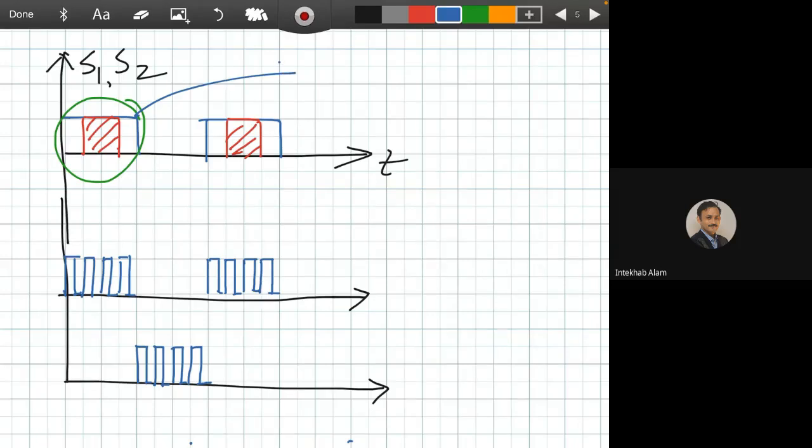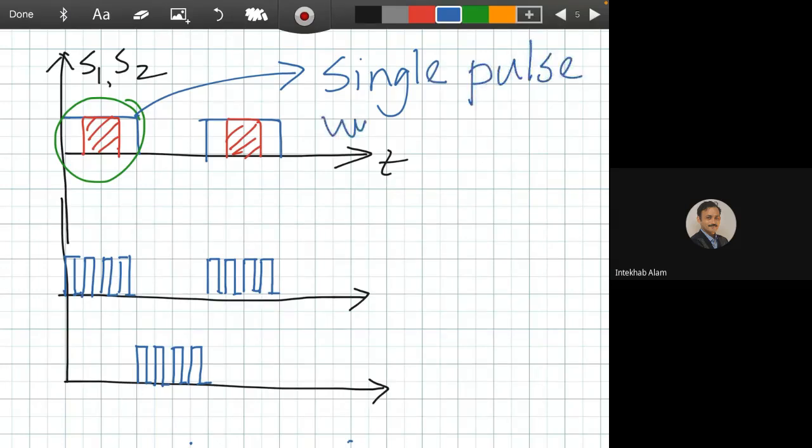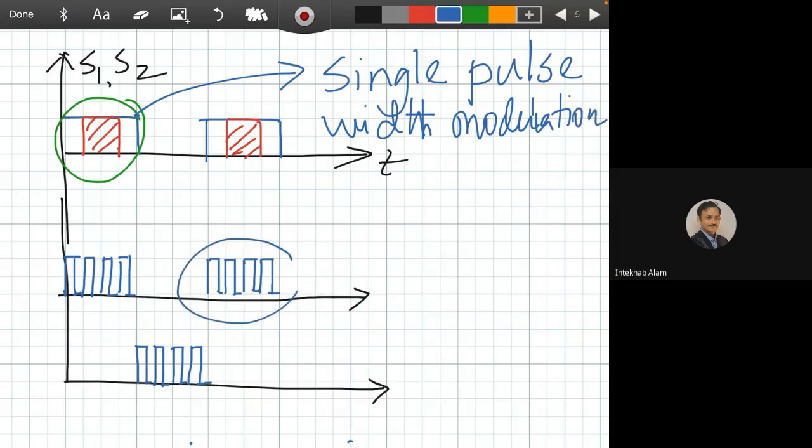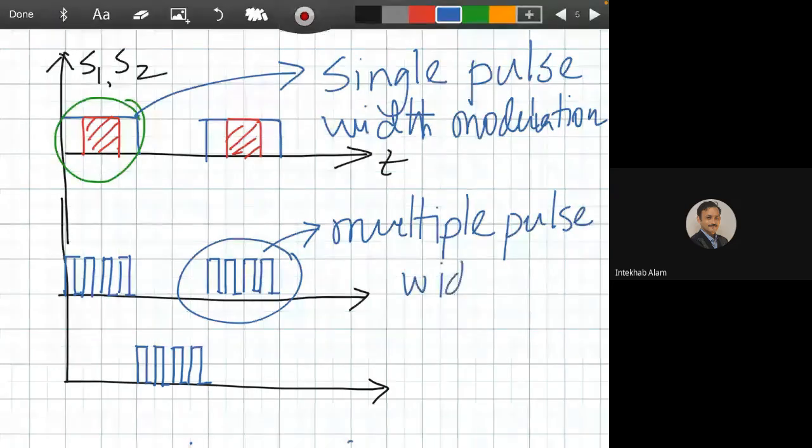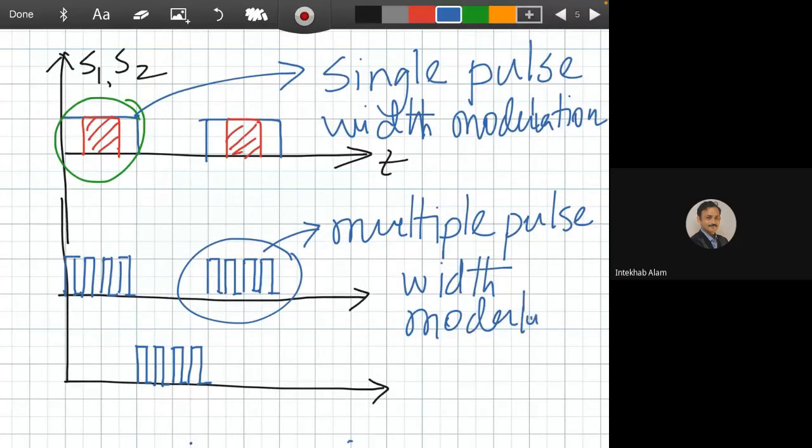This one we call single pulse width modulation, and this one we call multiple pulse width modulation.